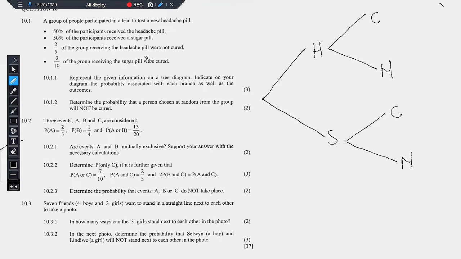Okay, so now there's a 50% chance of taking a headache pill or a sugar pill. Or rather, these pills have been distributed equally to the participants. So the 50%, we can write it as 50/100, which is 1/2.